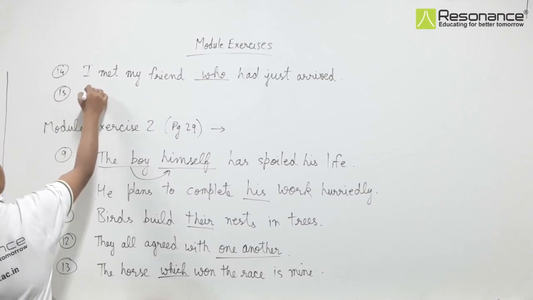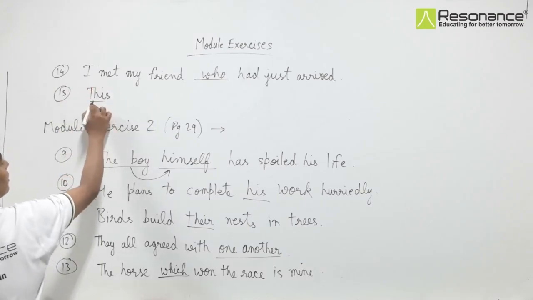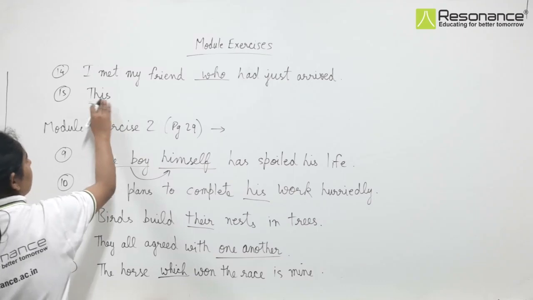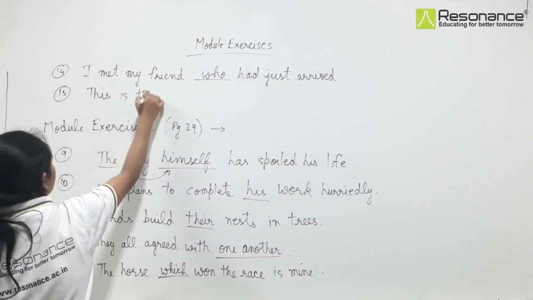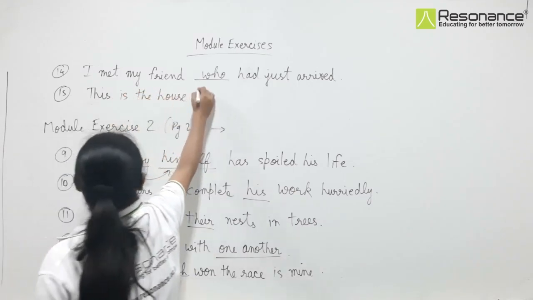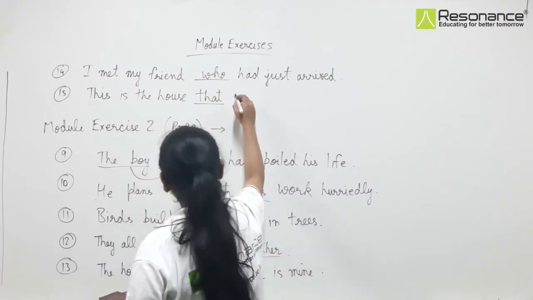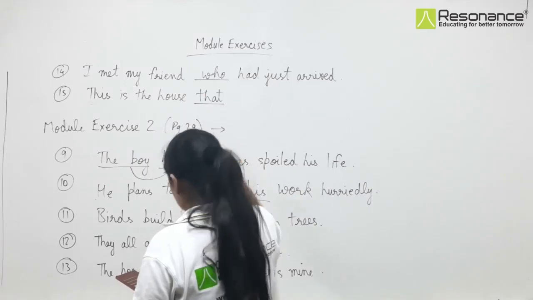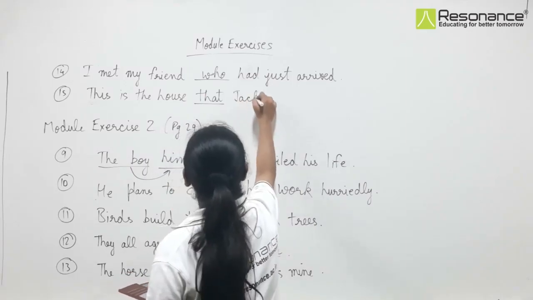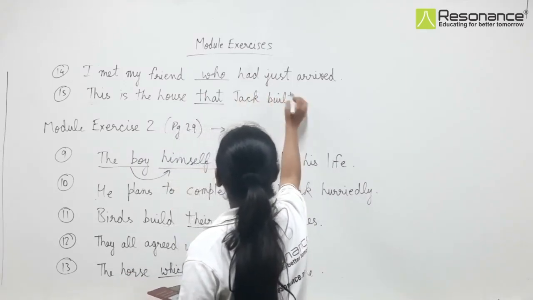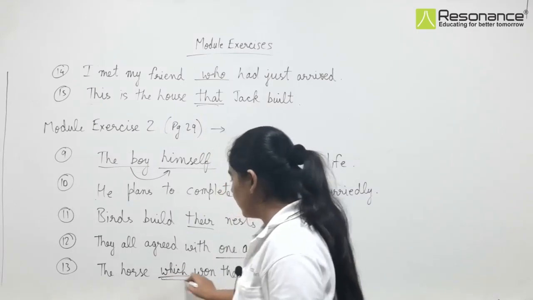See, here you are pointing out, you have used this demonstrative pronoun. This is the house. Now you will use that over here. This is the house that Jack built. Understood when to use that and when to use which?